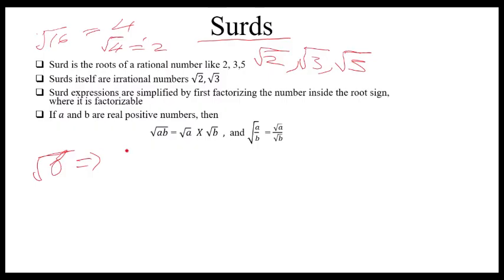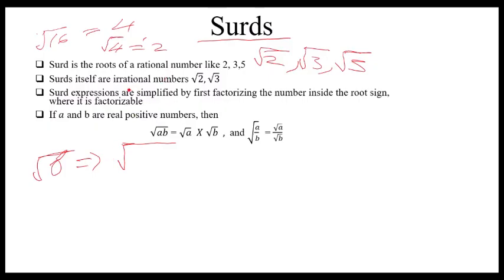The first thing we'll try to do is factorize what's inside the root. When we look at 8, what are two numbers that we can multiply together in which one of them will give us a rational square root? Think.